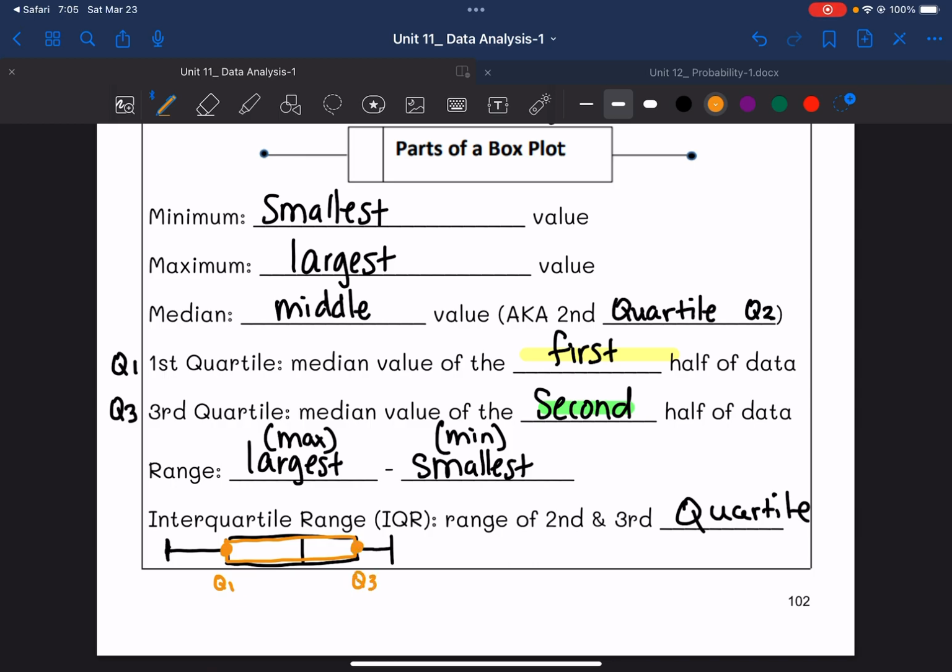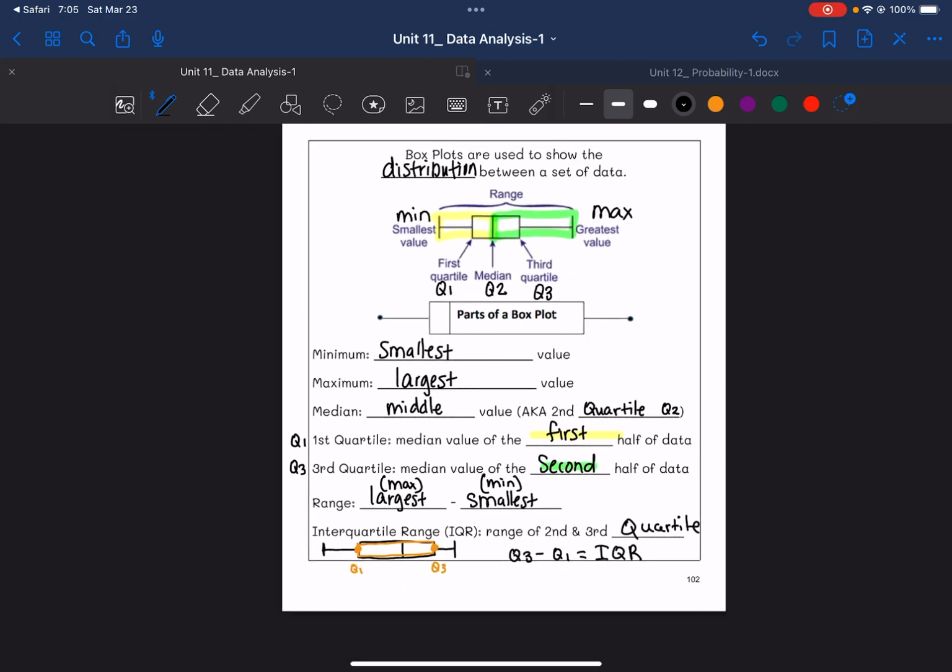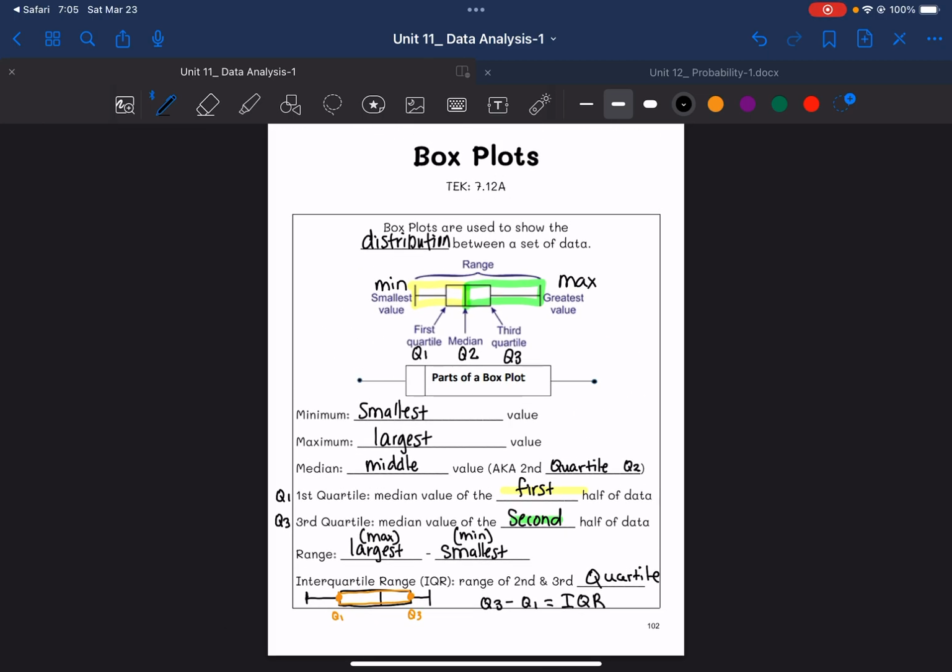And what we're going to do is Q3 minus Q1. That gives us interquartile range, or IQR. All right, you can pause if you need to. Let's go ahead and go to the next page.